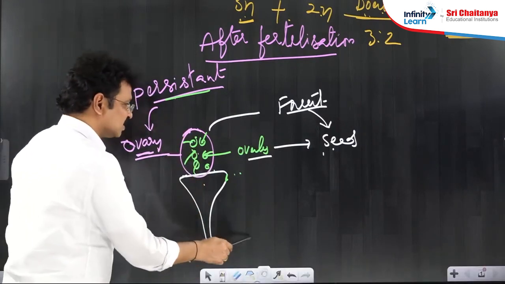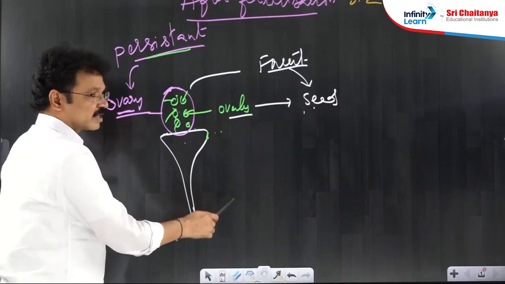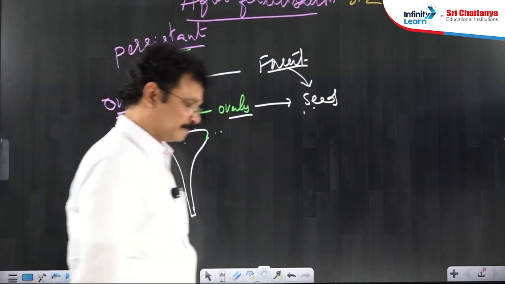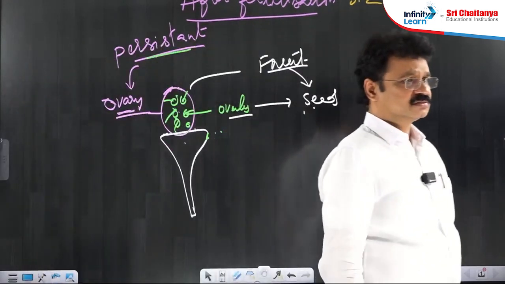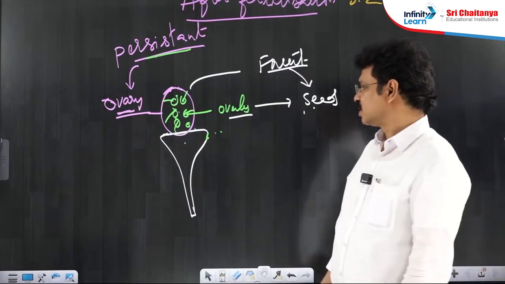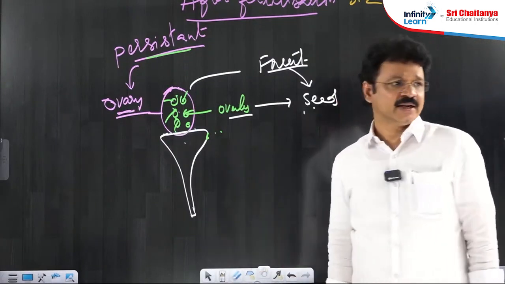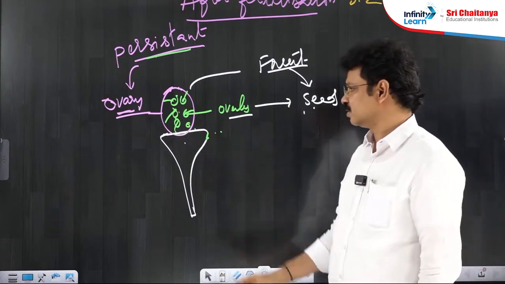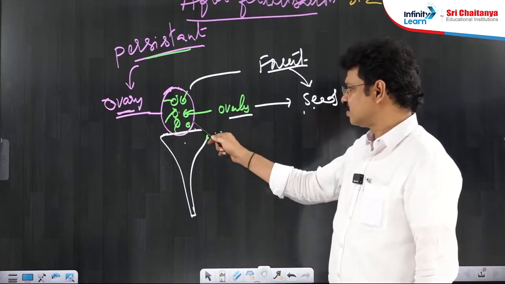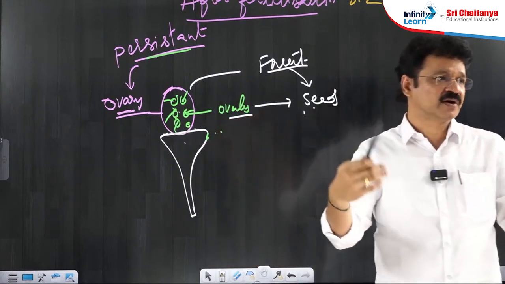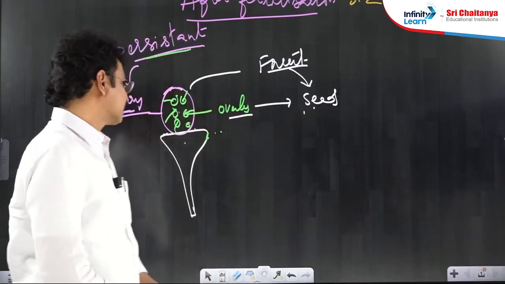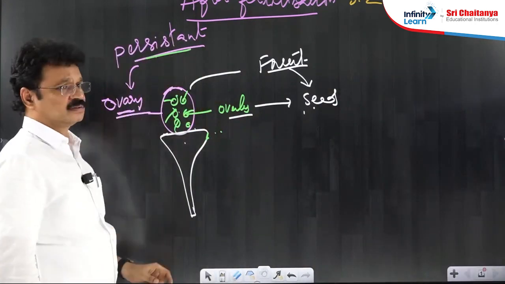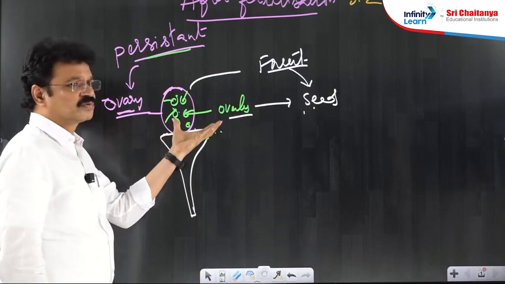I will ask one general knowledge question. Try to give an answer. Name the plant in which the calyx is persistent along with the ovary. Except calyx and ovary, all the remaining floral organs fall down. The calyx also remains along with the fruit.